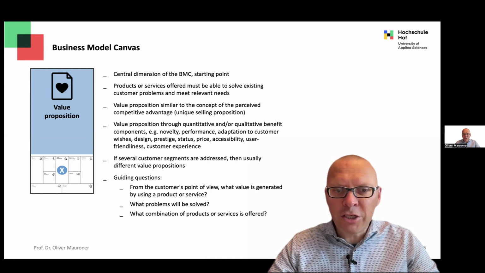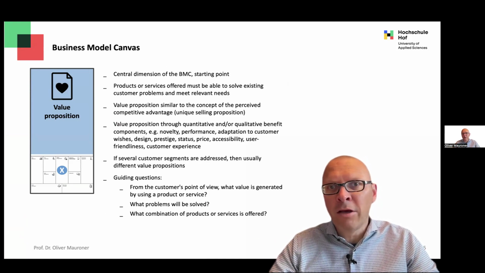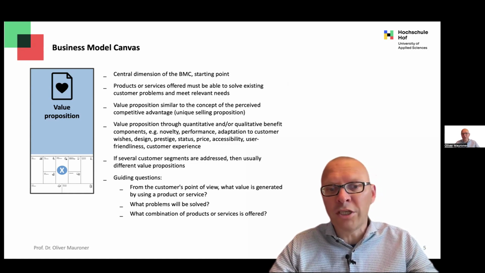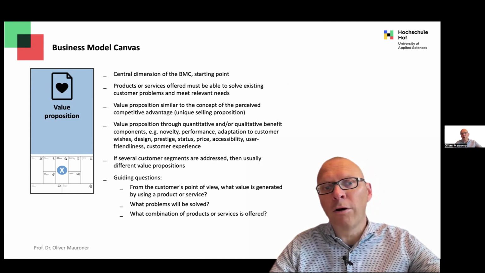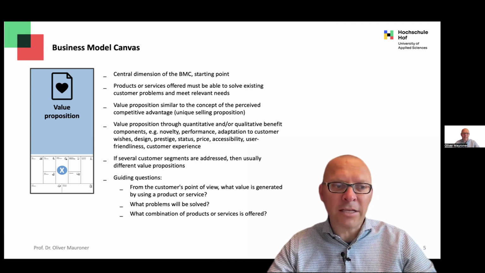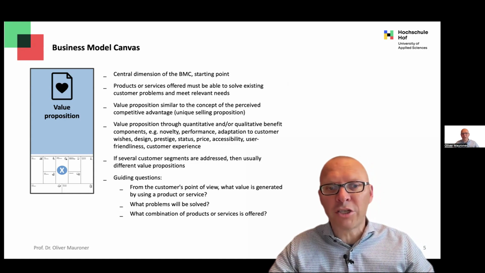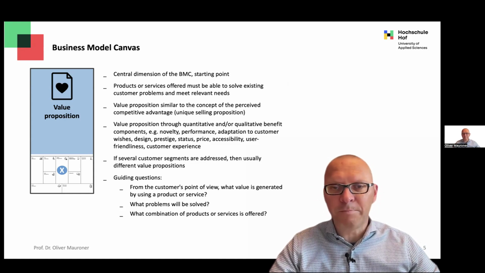The value proposition can be seen as the concept of the perceived competitive advantage of a company. So it could be based on innovation, on novelty, on price or convenience, on quality and design, on prestige and status, customer experience, or just a combination of all of that.